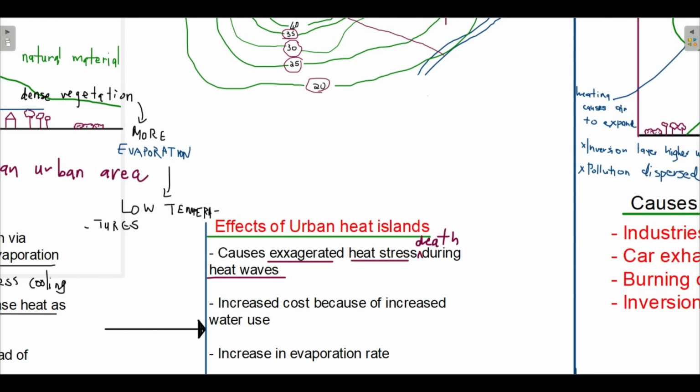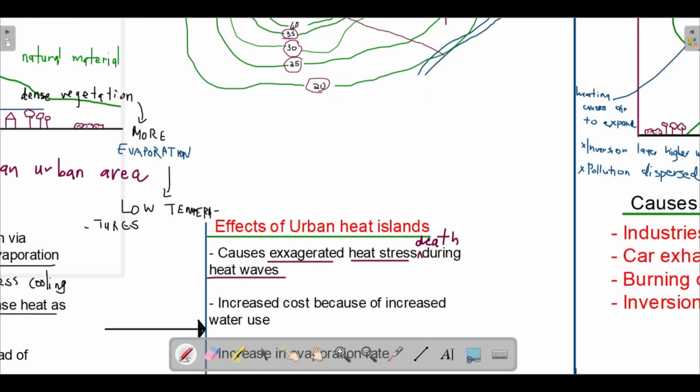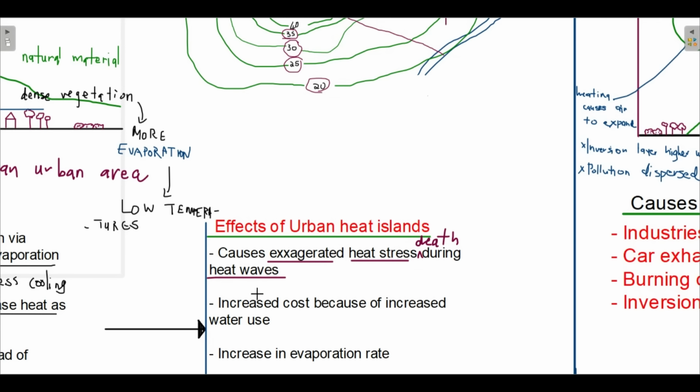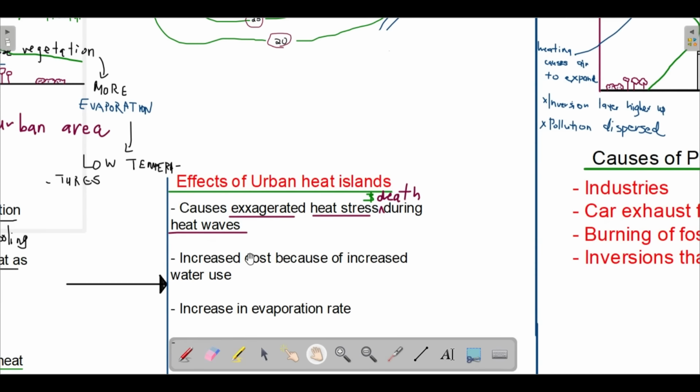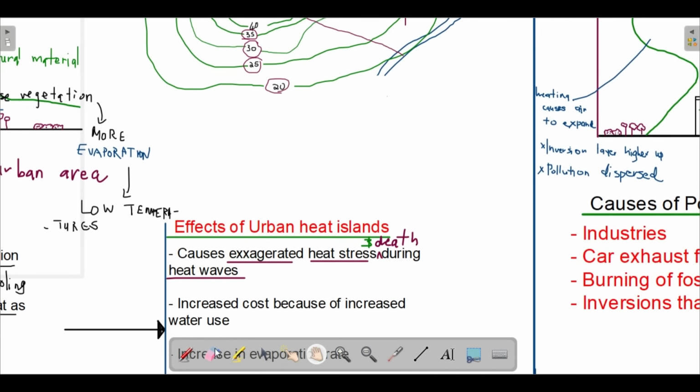So there are periods where there will be very high temperatures recorded by the country, and you're going to find out that temperatures are much more exacerbated or exaggerated in urban areas, and so that causes a lot of heat stress among us, and it can actually cause death, right? So during heat waves, urban areas are even worse. Okay, so that is one effect of urban heat island.